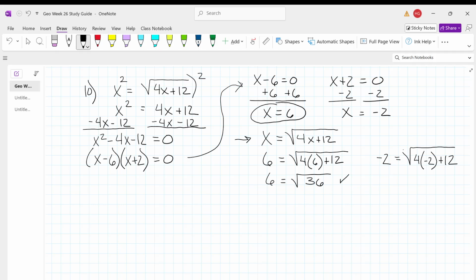Well, a square root can never be equal to a negative. So this negative 2 is extraneous. X equals negative 2 is extraneous. So one good solution, one extraneous solution.